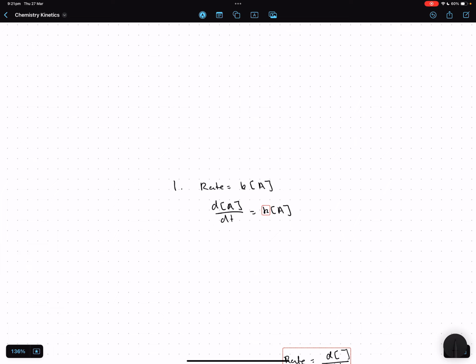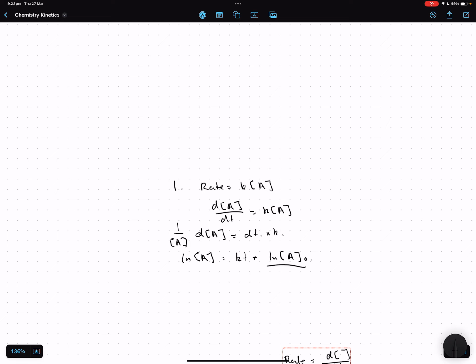If we want to integrate this with relation to time, it becomes ln[A] equals kt plus ln of the initial concentration.